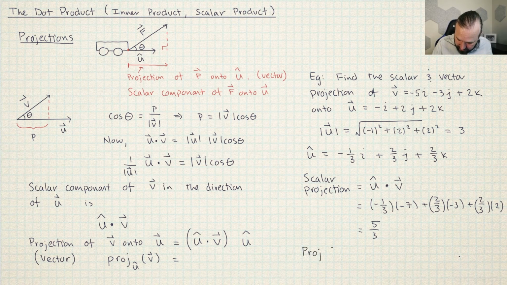Now to find the projection onto u of v, what I'm going to do is just take that 5/3 and multiply it by u hat. So it's just going to be 5/3 times this whole vector right here, -1/3 i plus 2/3 j plus 2/3 k.